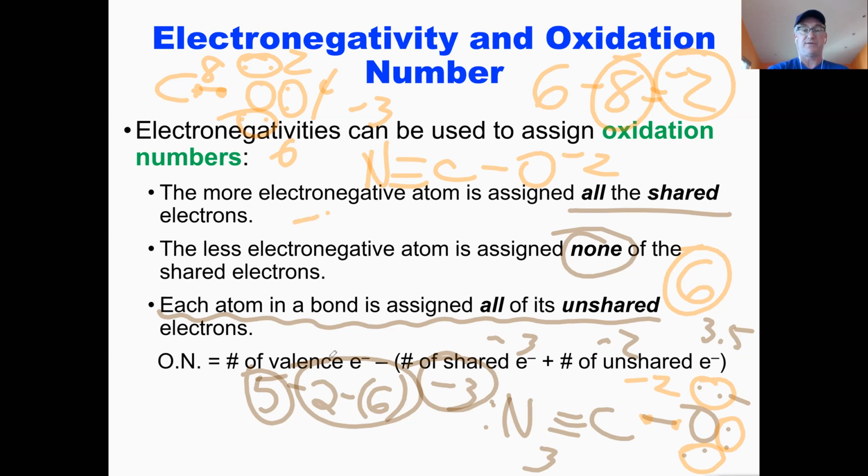Nitrogen is around 3 in electronegativity. Carbon is 2 and oxygen is 3.5. So carbon is the least electronegative element there. Does it get to keep any electrons?